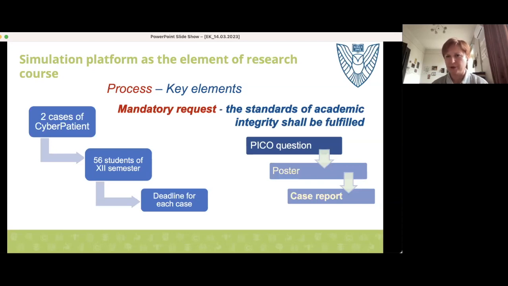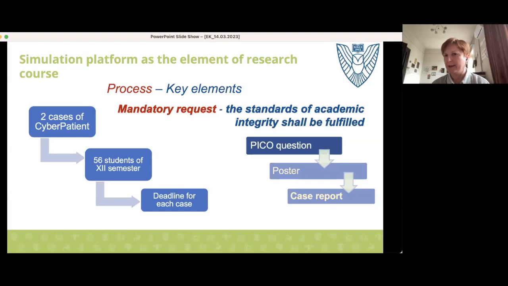Then they prepared a poster related to these cases, and only afterwards constructed their own case report from all this data. Of course, each case was given a concrete deadline, not a very short one.